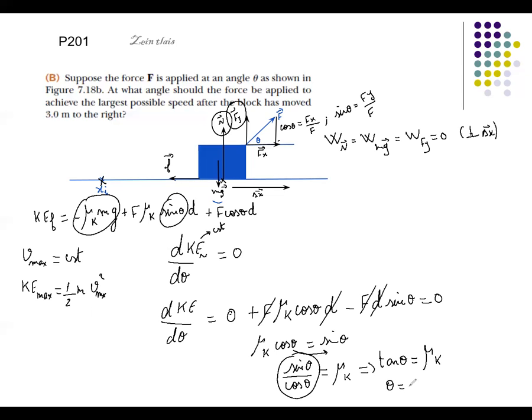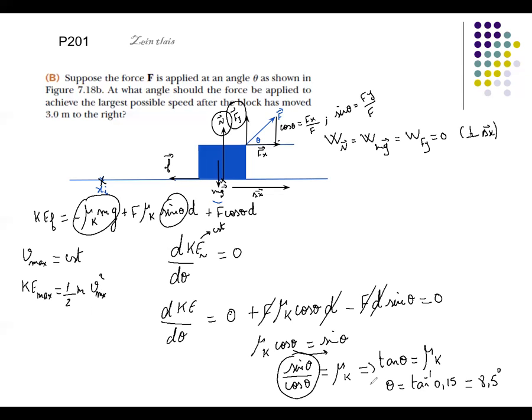So theta equals tangent minus 1 of mu kinetic. Mu kinetic equals 0.15. We get theta equals 8.5 degrees. So this is the angle where the speed will be maximum and the kinetic energy will be maximum.